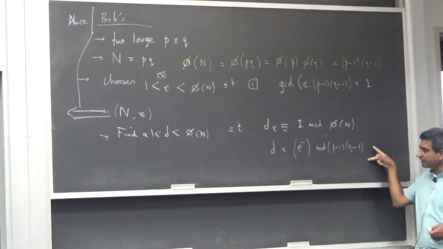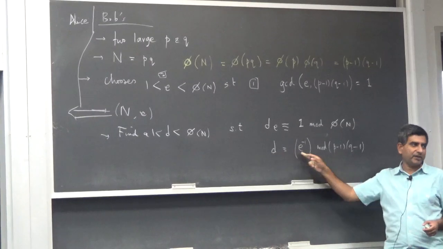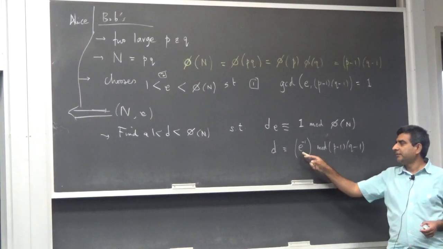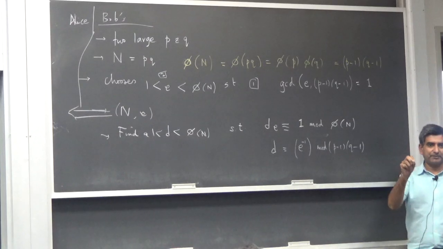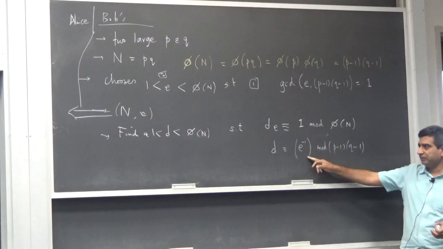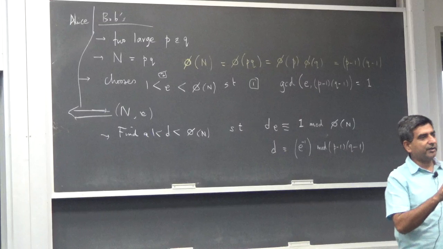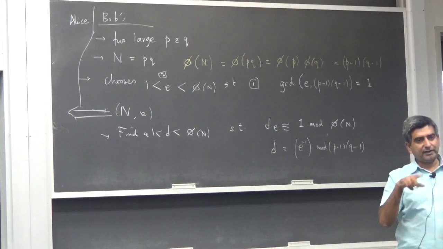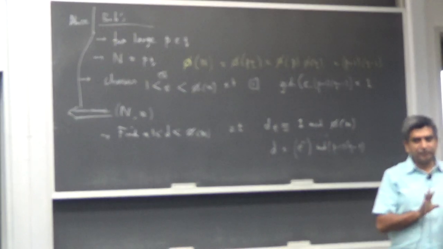So there's an efficient algorithm that computes this D given E. This is called the modular inverse of E, and you can type this up in Mathematica as well. So if I have E equals 7, if I were to type modular inverse of 7, I'll get this D. There's an efficient algorithm for that. It's not hard.